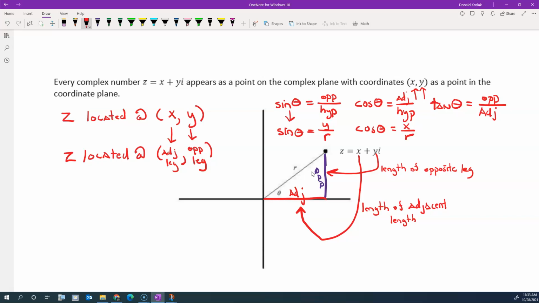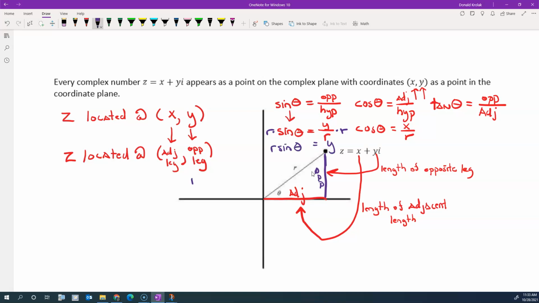Now solve this equation for the letter Y. What would you do to both sides? How would I get Y by itself right here? By multiplying by R. So if I did that, I get Y is R sine theta.